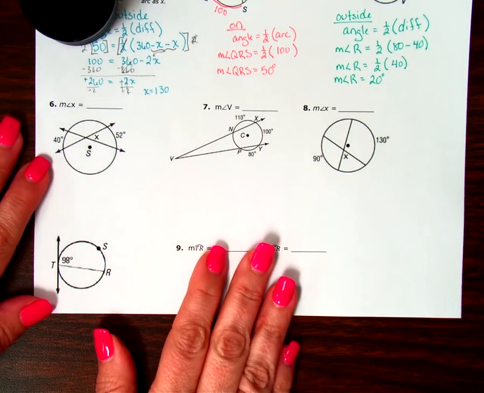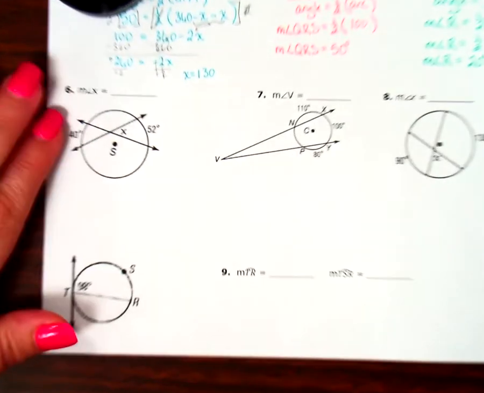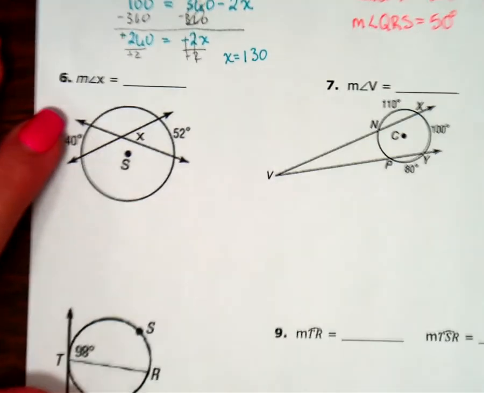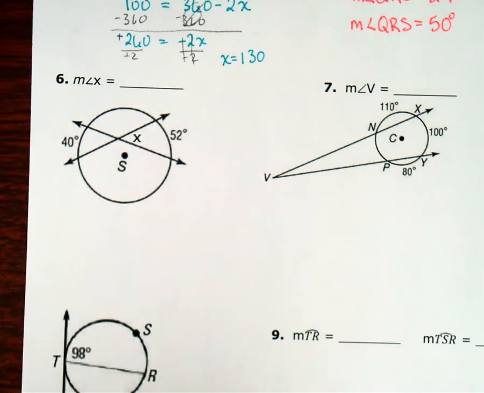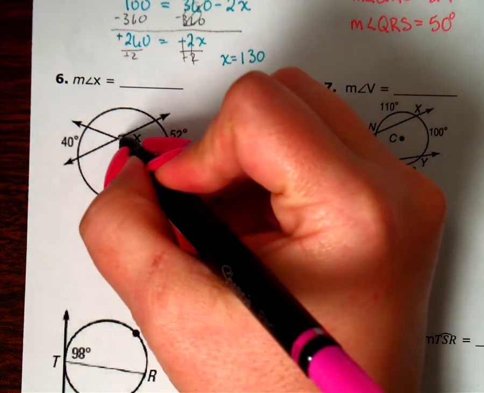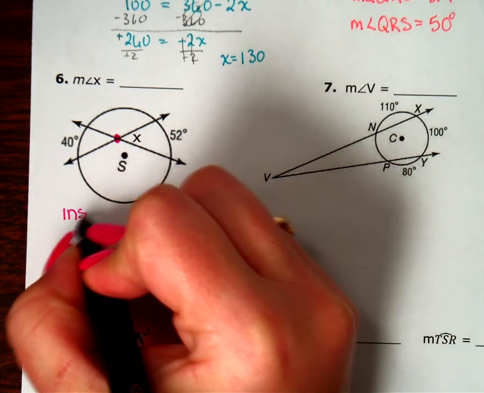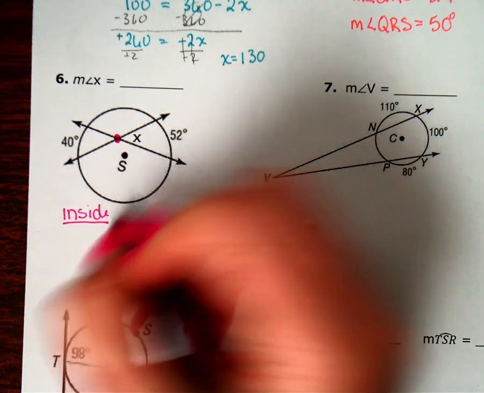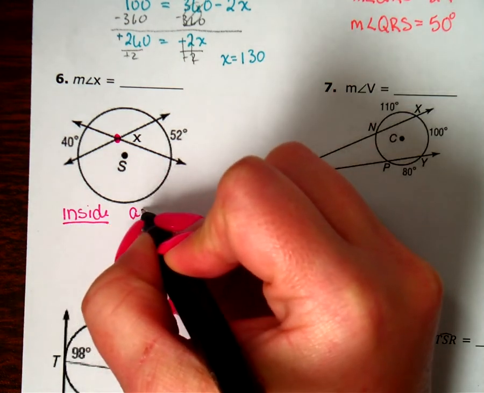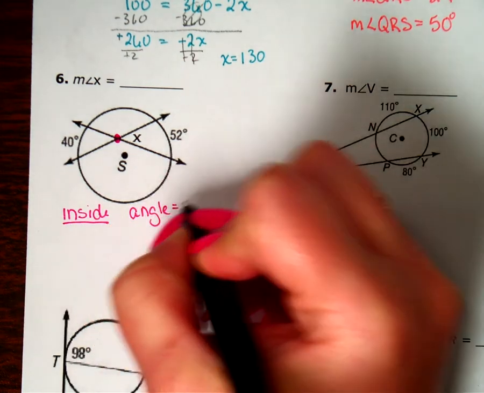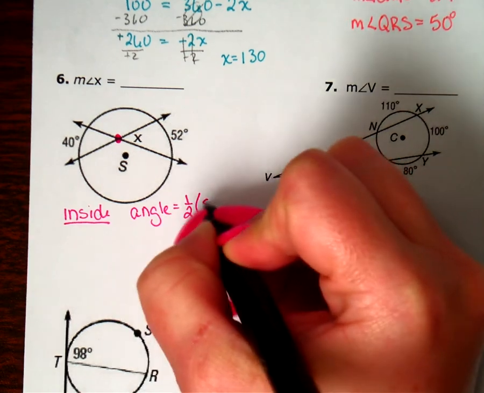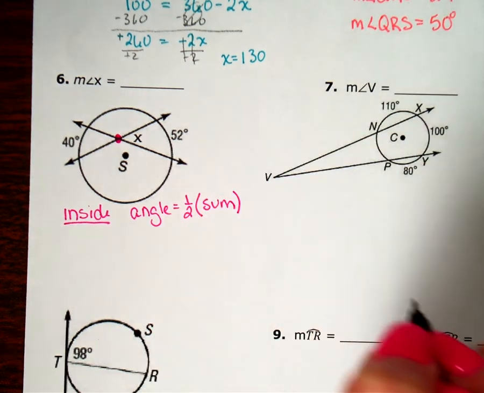Okay? All right, so when I look at number 6, I'm going to zoom in so we can see it nice and close. When we look at number 6, I can see that we are intersecting this circle inside. When we intersect inside, the angle is 1/2 the sum of the intercepted arcs.